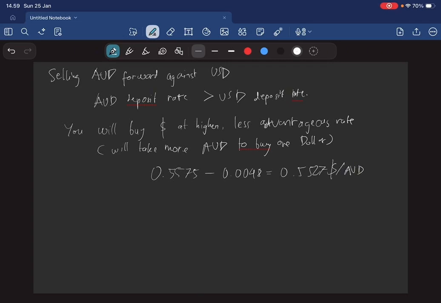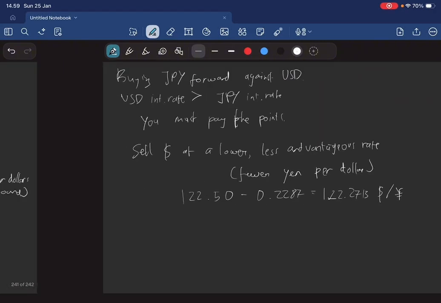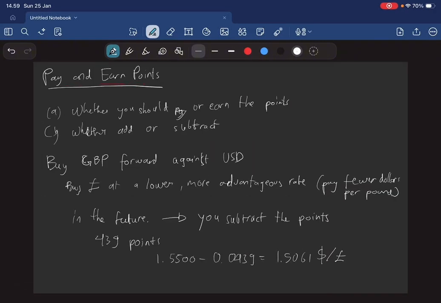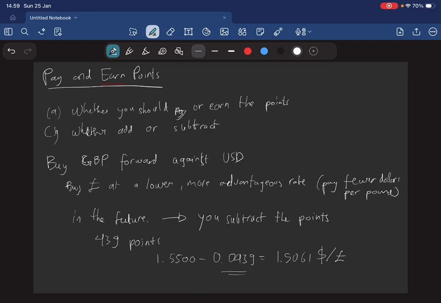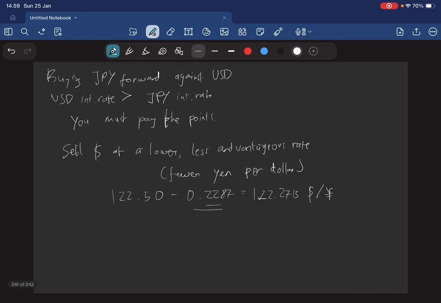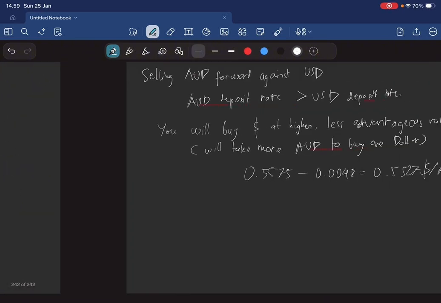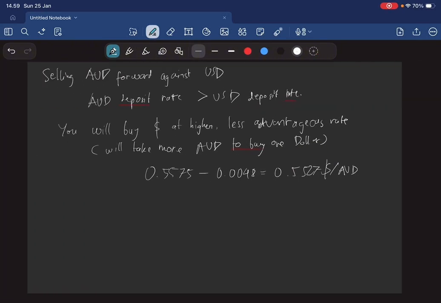Notice that for sterling, the 439 points translated to 0.0439, and for the Japanese yen, 22.87 points translated to 0.2287. Yes, this is because forward points are quoted in pips.